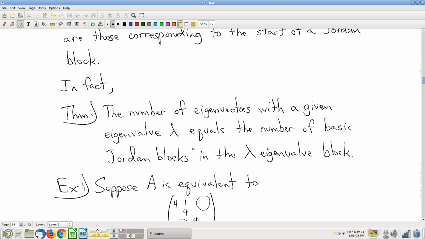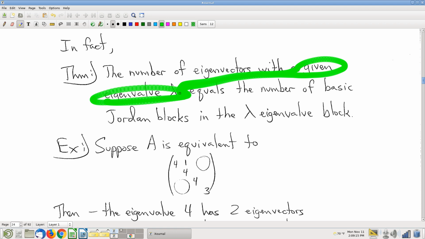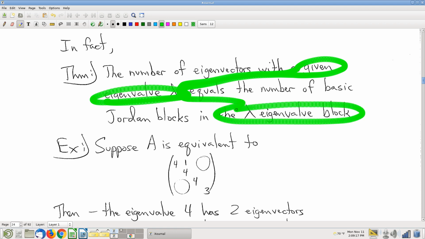But this plays out literally. If you're looking inside of, for a given eigenvalue, or said differently, given an eigenvalue block that you want to look inside of, for every eigenvector, there is a corresponding Jordan block.